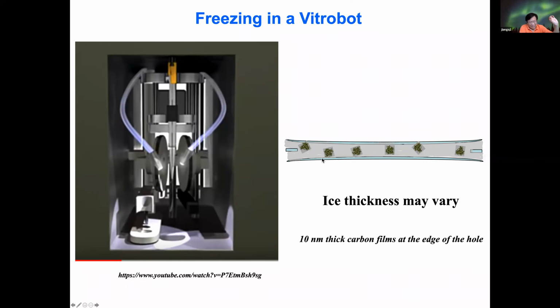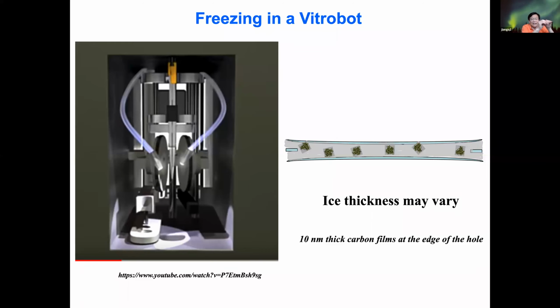It can blot most of the specimen away and then freeze the specimen to liquid ethane temperature within a couple of milliseconds. This is called flash freezing. The temperature change is so fast that the small amount of specimen left after blotting is quickly switched from around room temperature to liquid ethane or liquid nitrogen temperature, such that the water turns into glass state ice, which is non-crystalline.